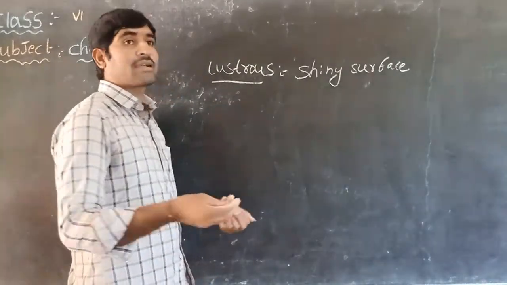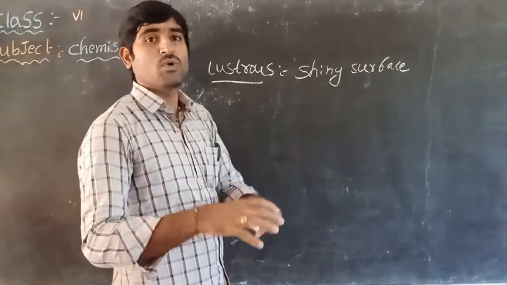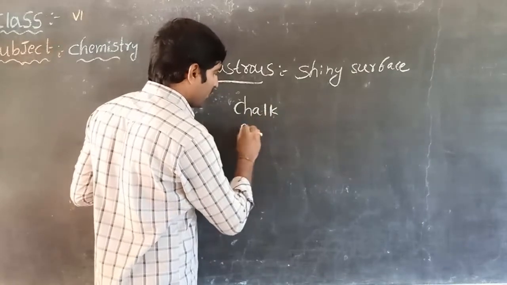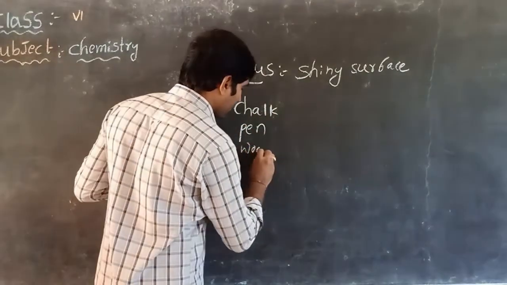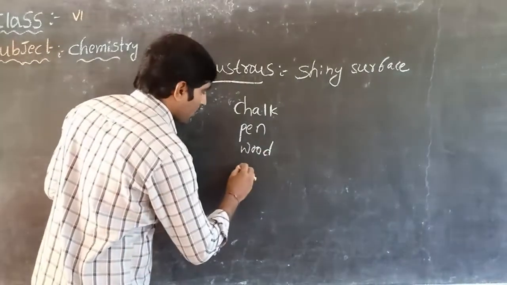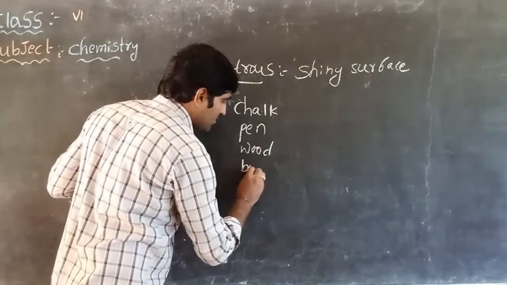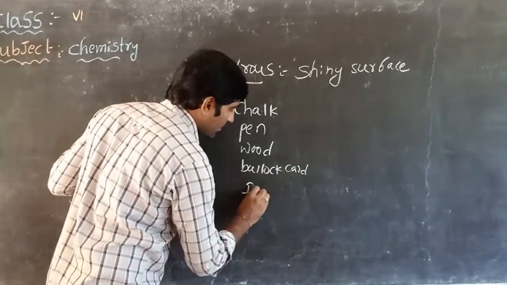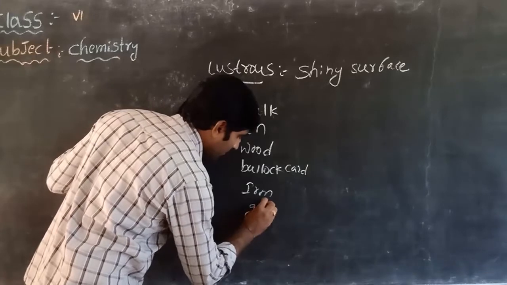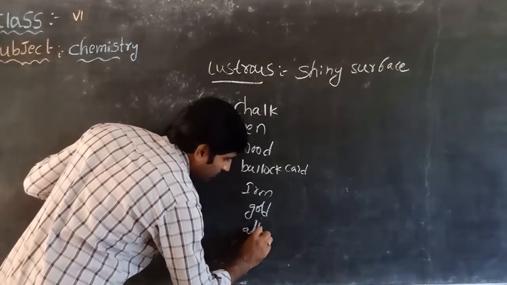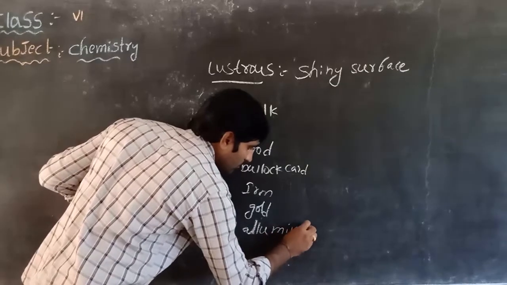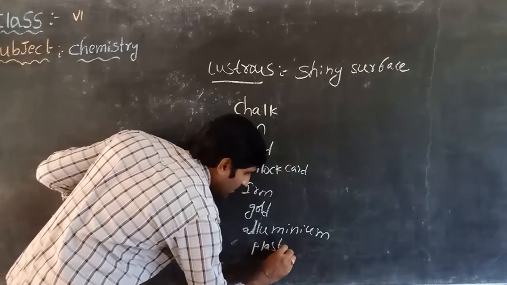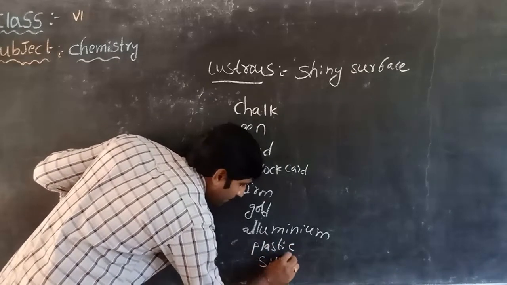For example, first collect some articles, as many as possible, around you: chalk, pen, wood, cardboard, bullock carts, iron, gold, aluminium, plastic articles, silver.